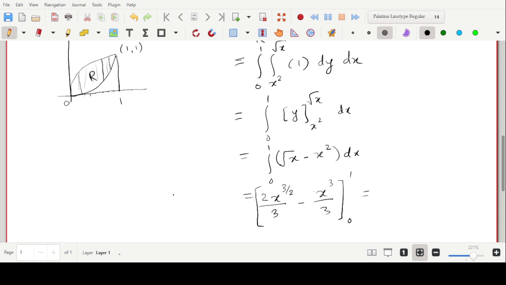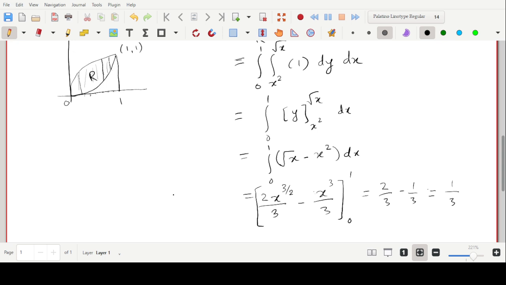So first substituting x equal to 1, we have 2 over 3 minus 1 over 3, and when we substitute 0, everything becomes 0, so we don't have to worry about that. So this is 1 over 3.